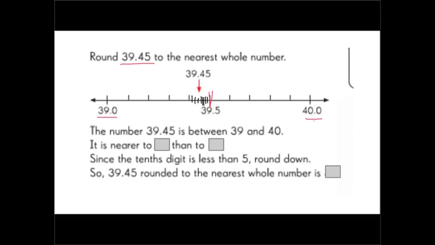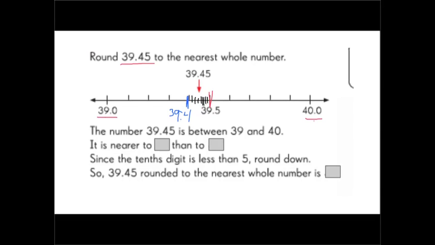So this line is 39.4, and then we would go with 39.41, 39.42, 39.43, 39.44, 39.45, 46, 47, 48, 49, and 39.50.